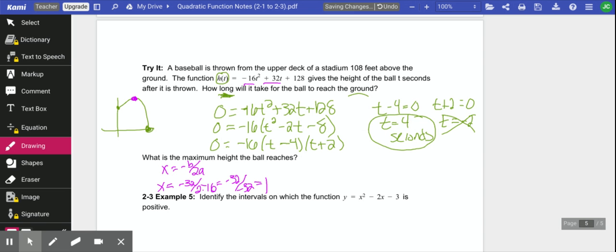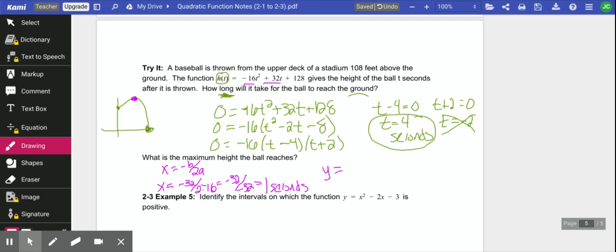Now, clearly, this is not the maximum height. It doesn't make any sense that the ball would go like 1 foot. This is how many seconds it takes to reach the maximum height. This is the x value. What we're actually being asked for is the y value.